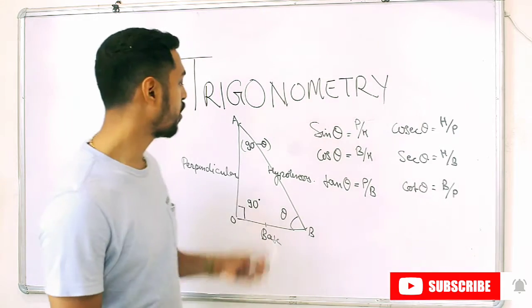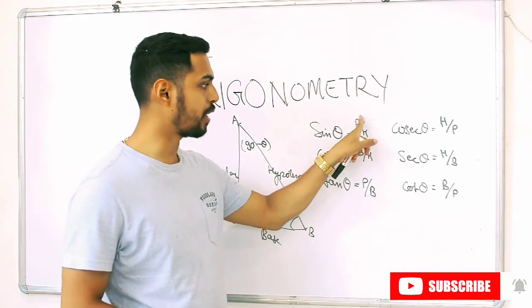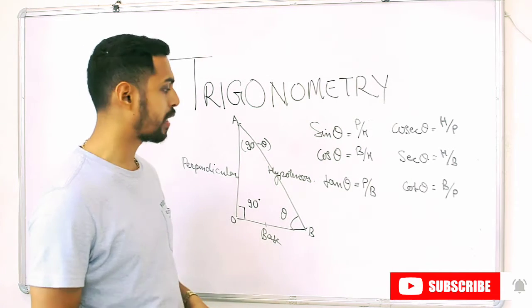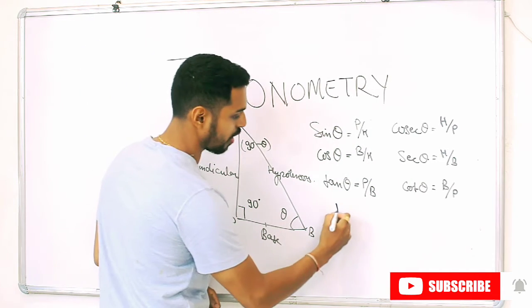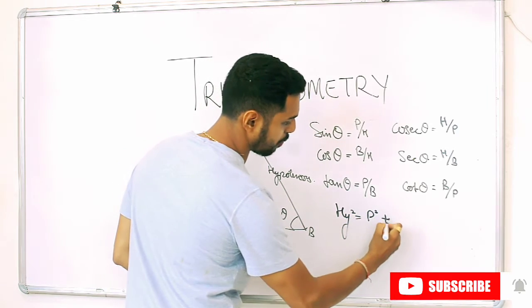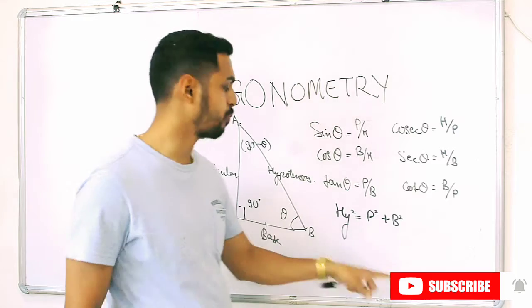Suppose we have a triangle and we have the values of the perpendicular and hypotenuse, then by using the Pythagoras theorem, which is hypotenuse square is equal to perpendicular square plus base square. Okay, this is your Pythagoras theorem.